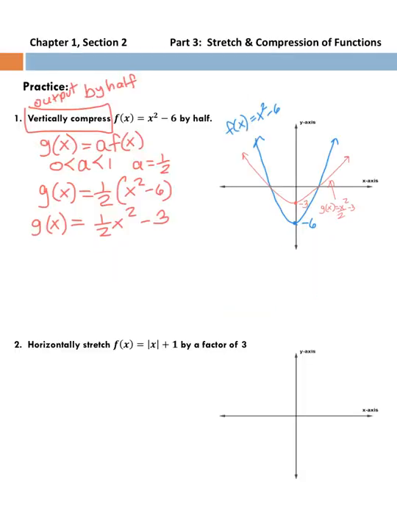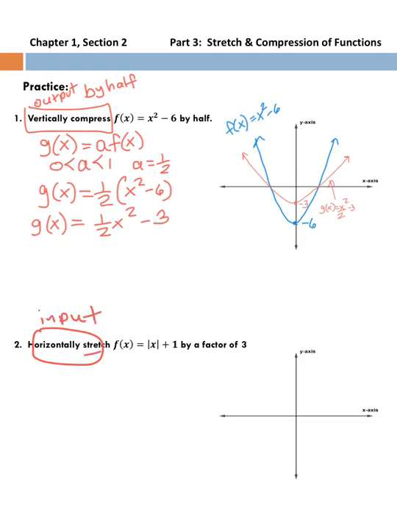Okay, let's look at a second example, and this time we're going to look at horizontal stretch. As soon as you see that word horizontal, horizontal is the x dimension, the input. So we're going to be multiplying the input by something, okay?